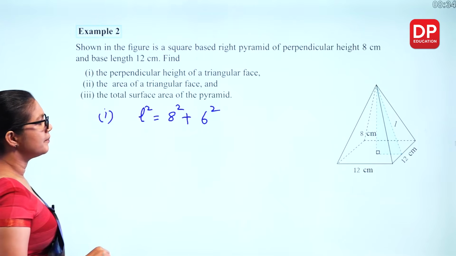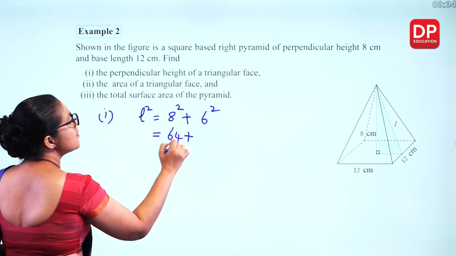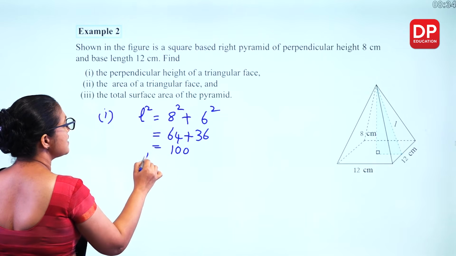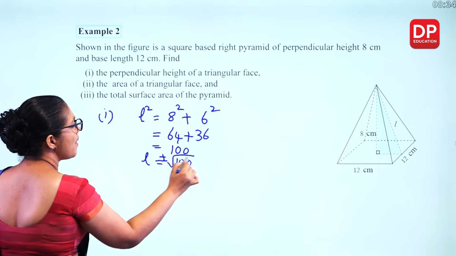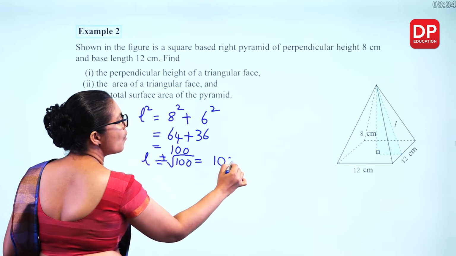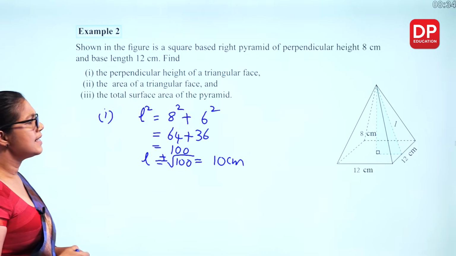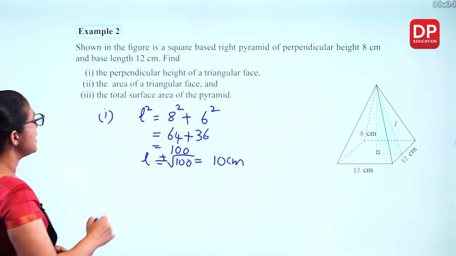So 6 squared. 8 squared is 64, 6 squared is 36. You get 100. So what is L? Square root of 100. You get plus or minus, but we take only the positive value. Square root of 100 is 10 centimeters. So first part is 10 centimeters.